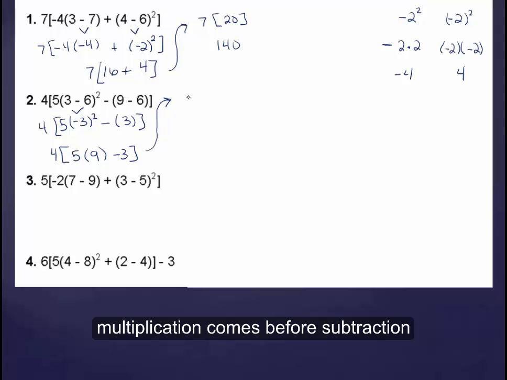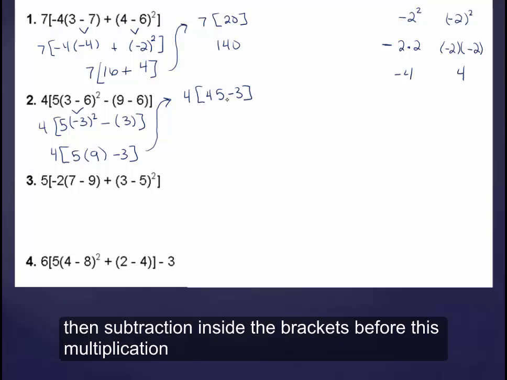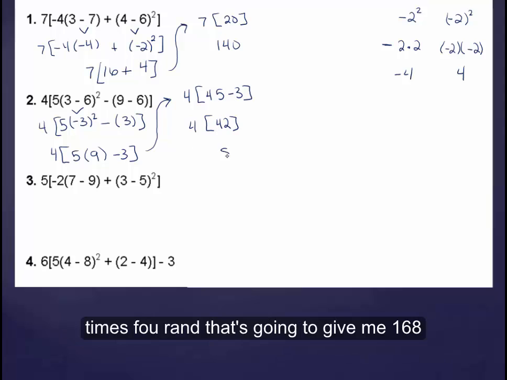Multiplication comes before subtraction, so 45 minus 3. Then subtraction inside the brackets before this multiplication, so 42 times 4, and that's going to give me 168.